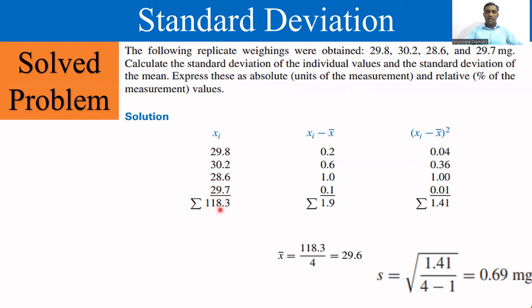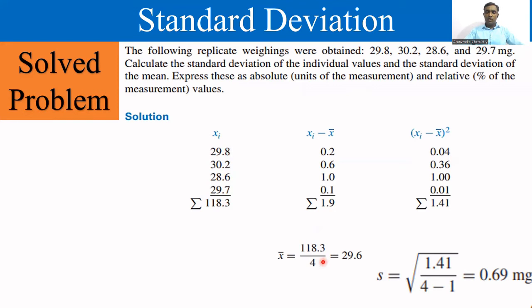It is found to be 118.3. You can add with the help of a calculator and see for yourself. Then you take the average of these values, dividing the sum by the number of data sets, which is 4.